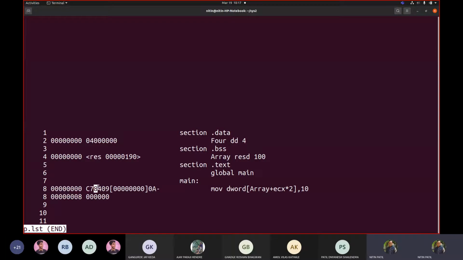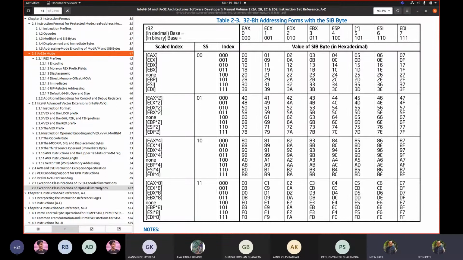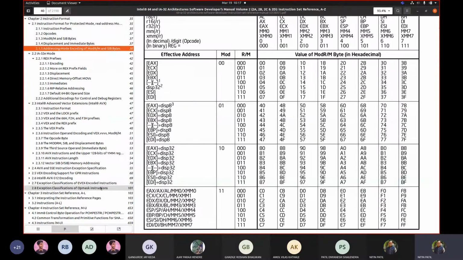Now if you see, when it takes 09, 84 is definitely there. Correct. This 84 is playing some important role through what you can call mod RM as well. So if I see 84 mod RM, where is 84? 84 is this. Some displacement.